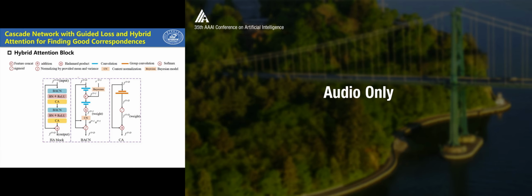The architecture of weight learning is inspired by the Bayes model. The prior probability is similar to the prior probability of the Bayes model. Meanwhile, as shown in the figure, the input of BACN is followed by two convolution operations to learn a temporary weight vector, which is similar to the likelihood probability of the Bayes model.